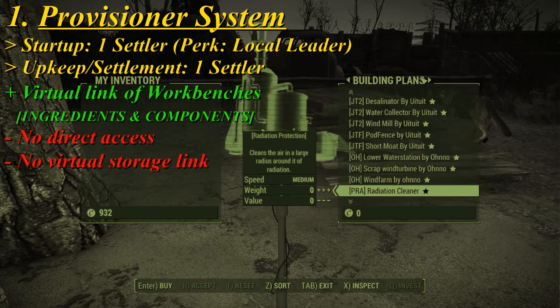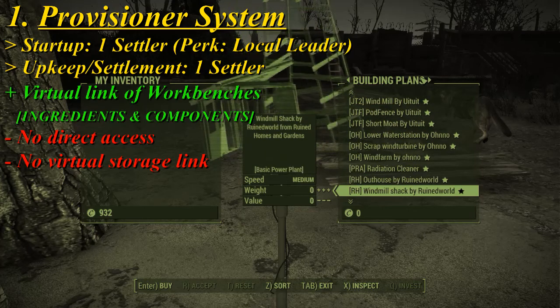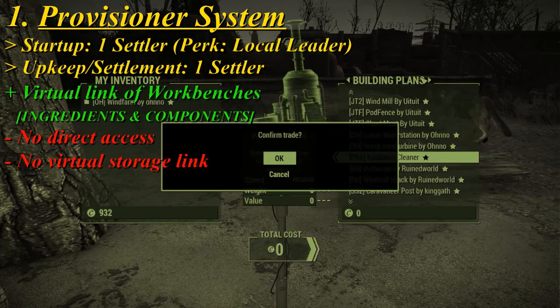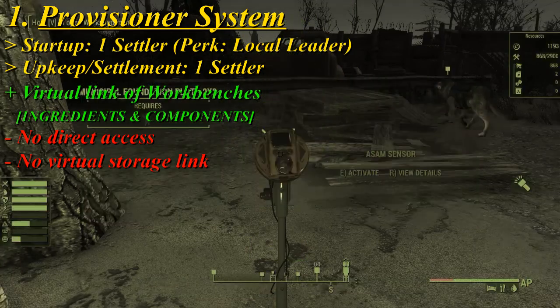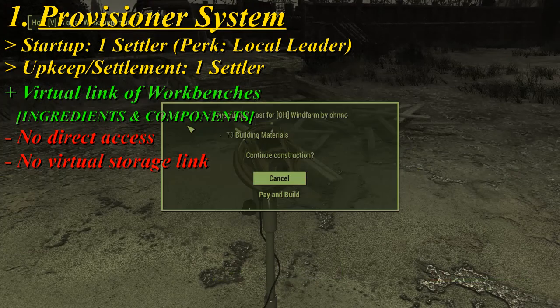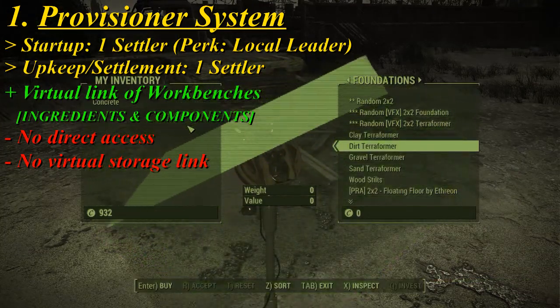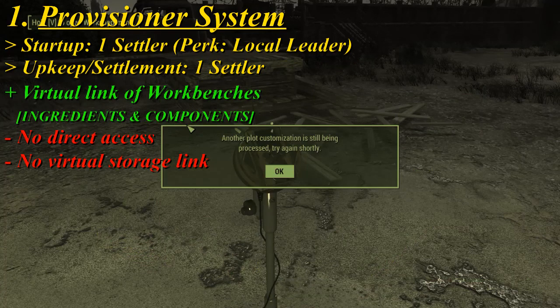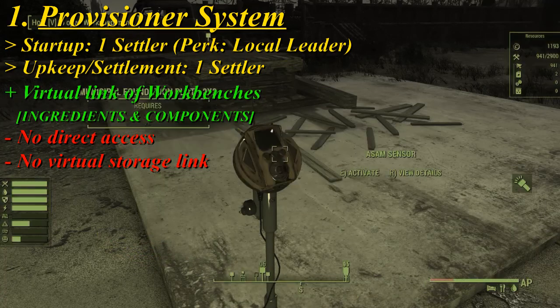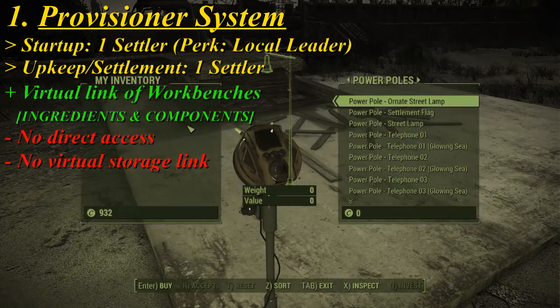But once a connection has been established and the new settlement is more or less proficient, it will be very wise to remove this provisioner and switch to one of the other two linking systems, as they provide better benefits for a bigger network of settlements. Alright, that's it for the provisioner system.